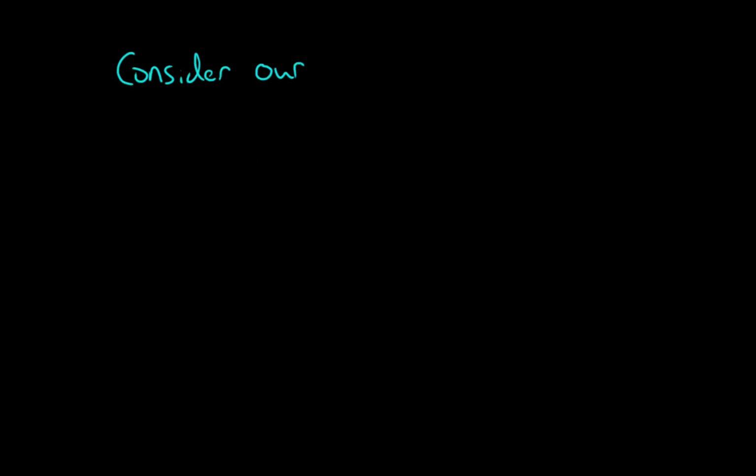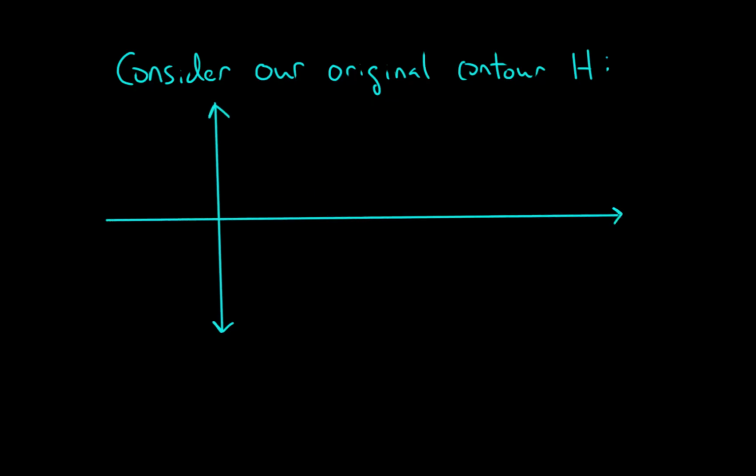So we'll begin by considering our original contour h, the Hankel contour. So let me draw our axes again, and I'll label them x and i times y. And so we have our branch point at the origin and our branch cut along the positive x-axis. So we start out at some point, some distance epsilon from the real line.